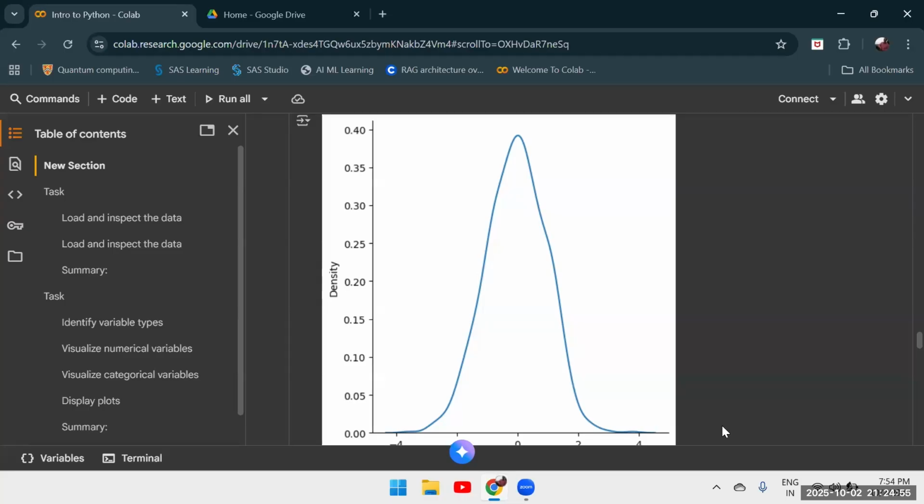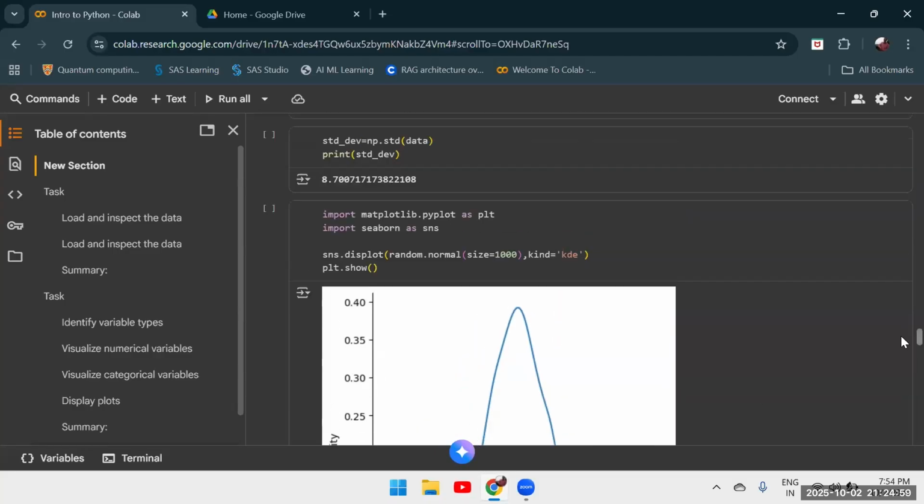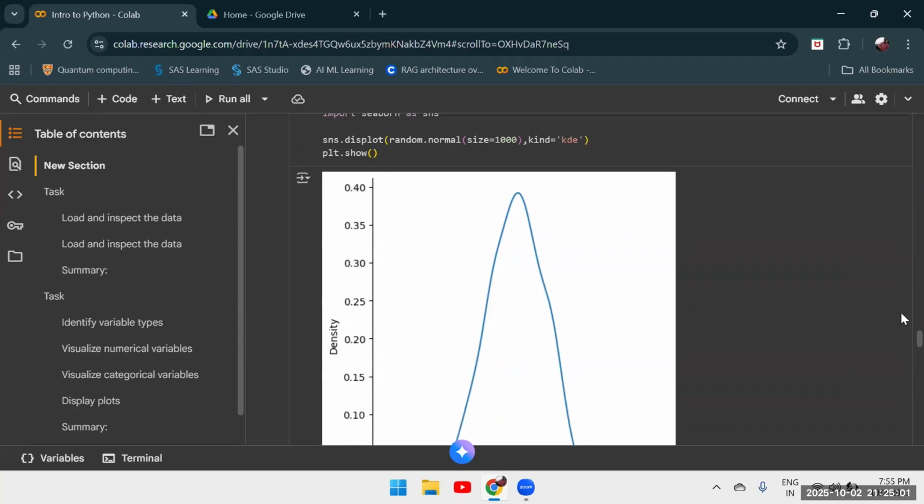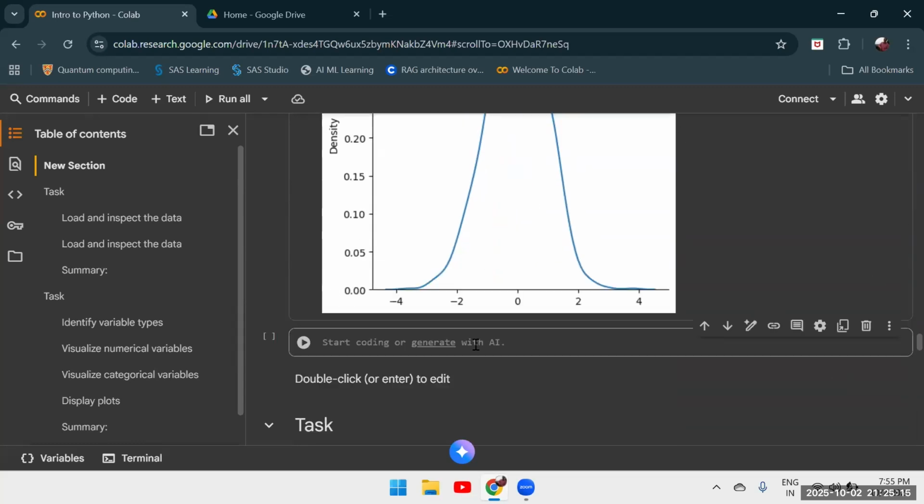We created a normal distribution using something called a distribution plot, and KDE basically meant it is for a normal distribution. I hope the concept of normal distribution is clear for you all, right?